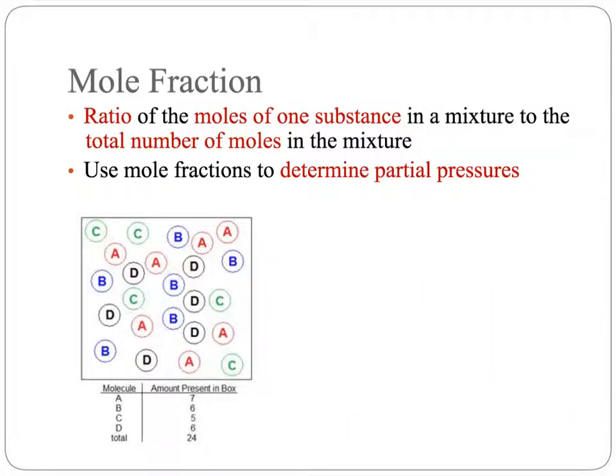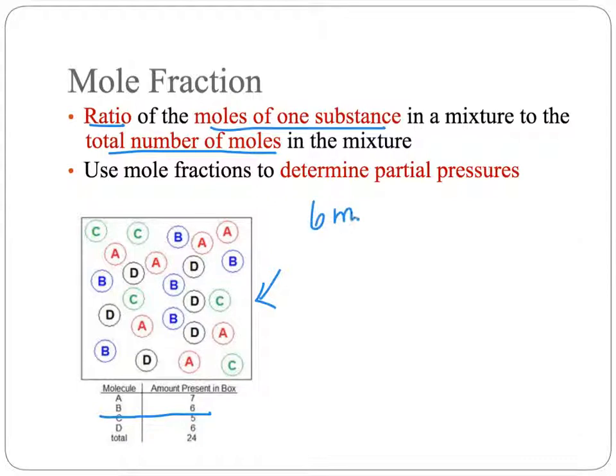In order to calculate the partial pressures, the fraction of pressure that's provided by any one gas in a mixture, we use the mole fraction. This is the ratio, a decimal, that results when you take the moles of the particular substance you're examining and compare that to the total number of moles present in the mixture. So for example, if in this box we have 24 moles of gas particles, then for molecule B we have 6 moles present.